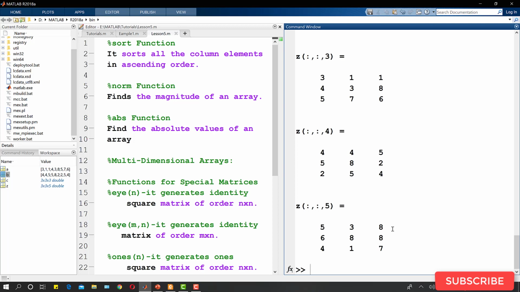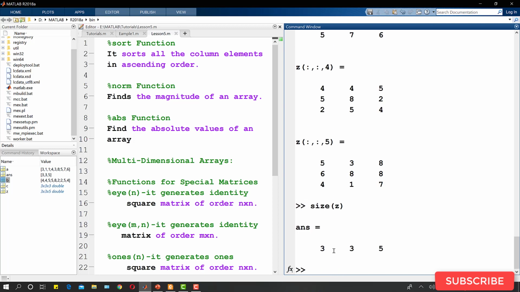Now if I write the size of Z, the size of Z is 3 cross 3 cross 5. In this way we can create three-dimensional arrays. Some of you will wonder what the need of three-dimensional arrays is.